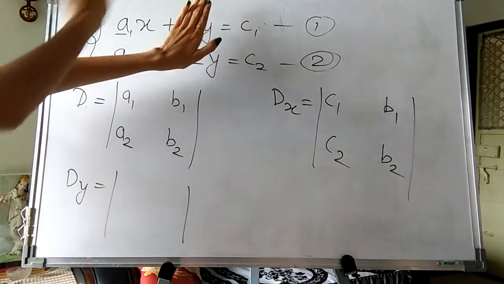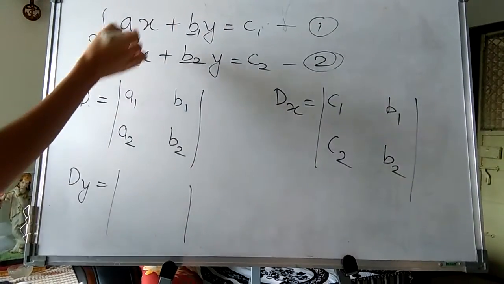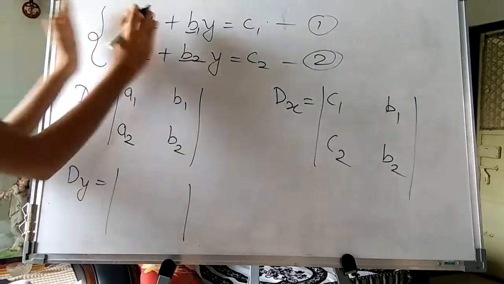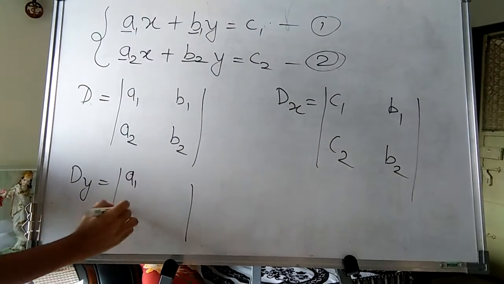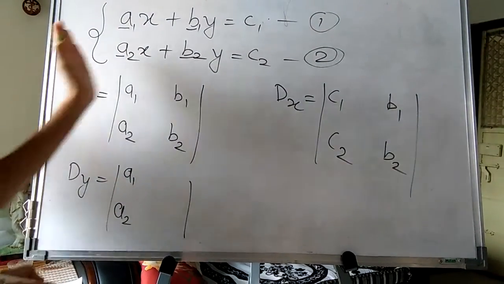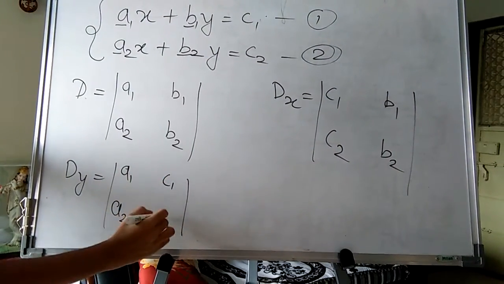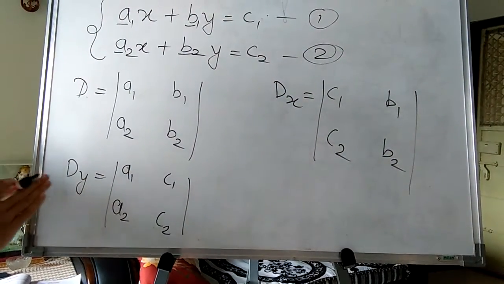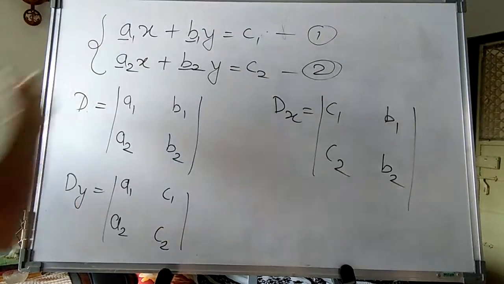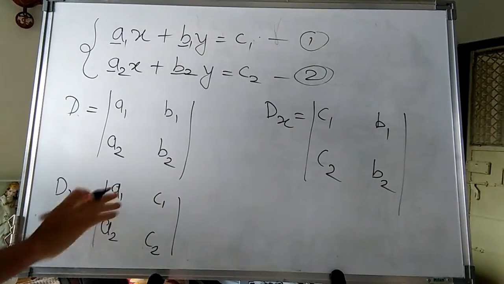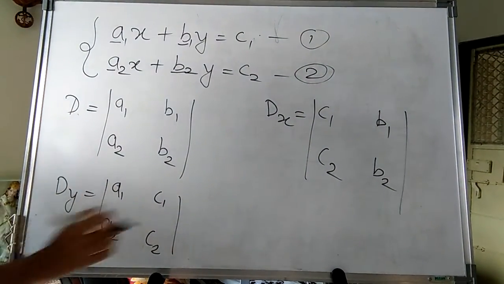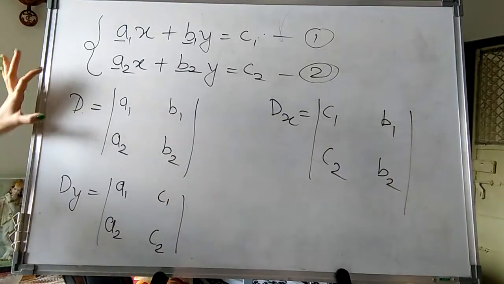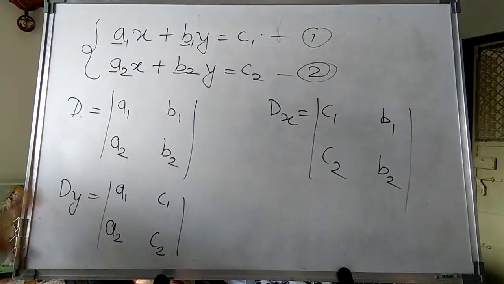And you will go for x and the remaining constant. So A1, A2. Now start from the first variable itself. A1, A2, the x variable, and then go for C1, C2. Only for Dx you are going to change the direction. You are going to start from the constant. Elsewhere, no need to start from constants. This is the way you are going to write D, Dx and Dy.